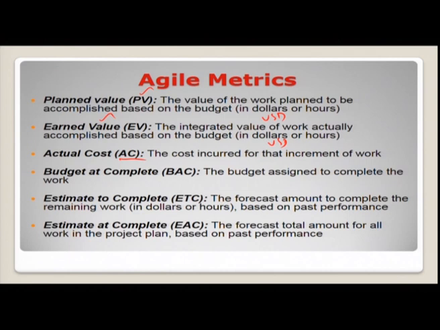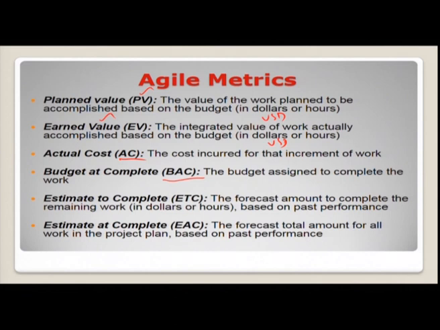Next is BAC, budget at complete, the budget assigned to complete the specified work. What is the budget? Anything you are going to work upon, you are supposed to have a budget, a foresight before you start working.